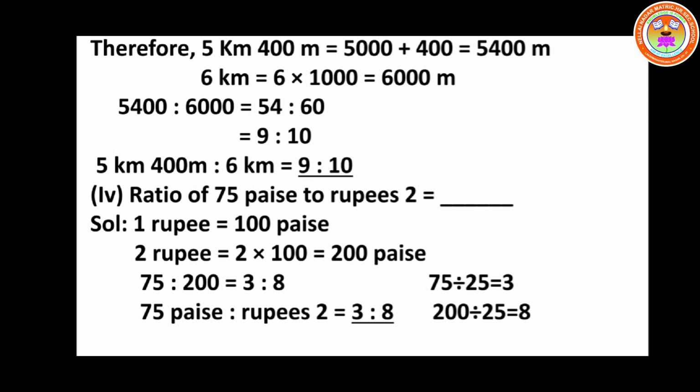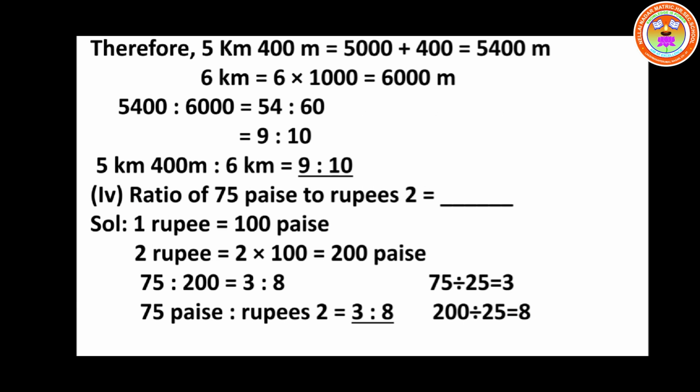Like that, the 6 kilometer can be written as 6 into 1000, which is equal to 6000 meter. Now come back to your question. What is your question? 5 kilometer 400 meter is to 6 kilometer. So you can write, what did you get for 5 kilometer 400 meter? 5400 is to 6000.